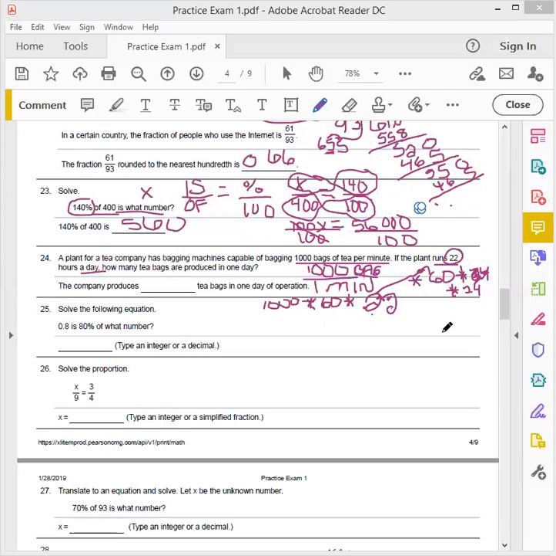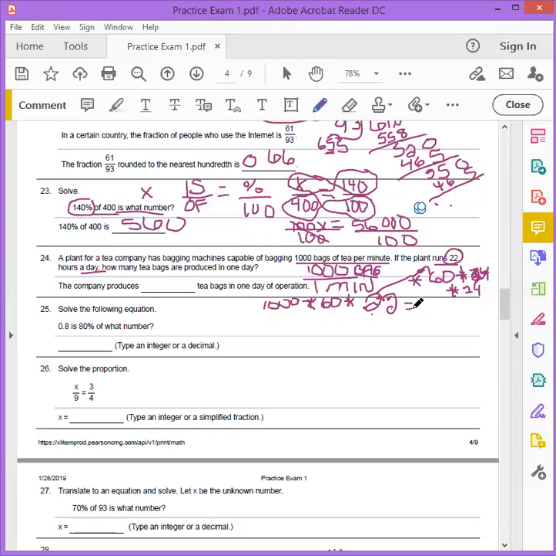And you should get 1,320,000. So 1,320,000 tea bags in 1 day of operation.